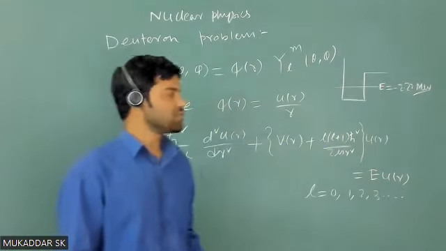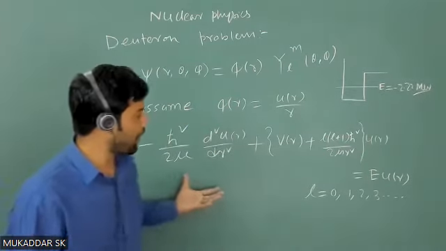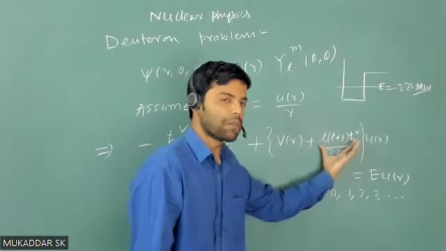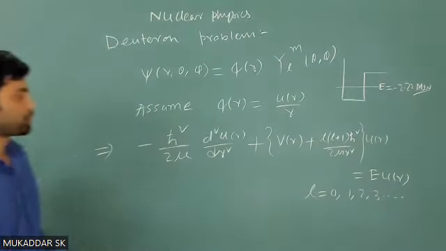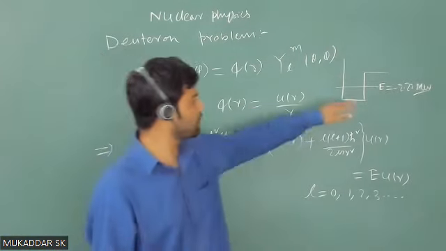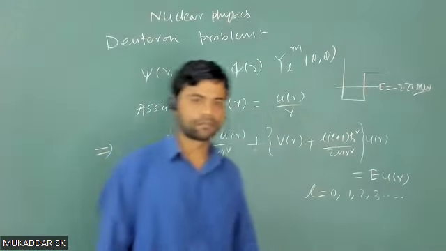You are looking at the ground state of Deuteron. So for the ground state, the energy should be minimum, and that is possible when you have the minimum value of this. And the minimum value of this means L is 0. In fact, there is only one state in a Deuteron, and that is the ground state.